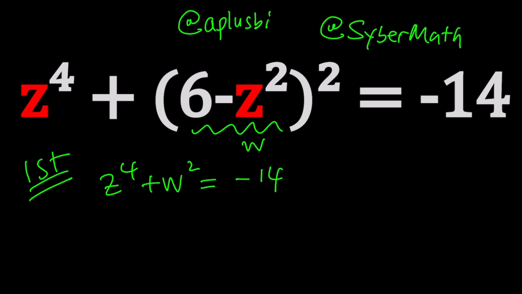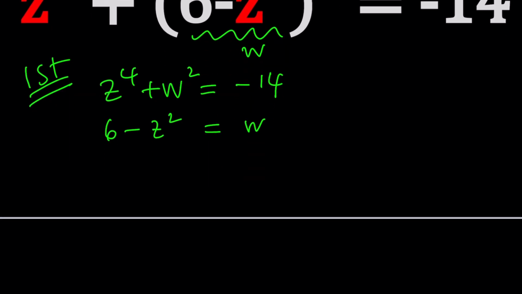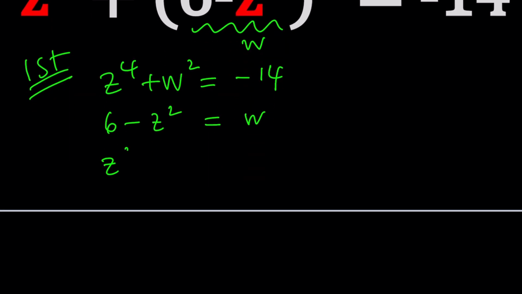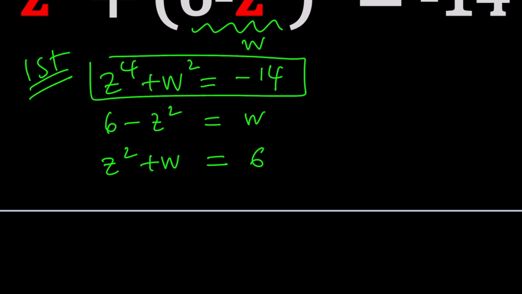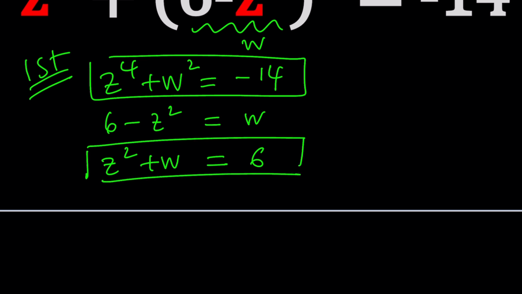But that's also going to give me 6 minus z squared equals w, which then I can write as z squared plus w equals 6. So this equation and that equation, we could probably work these two together, right? Somehow. Like treat them as polynomials and use some identities.